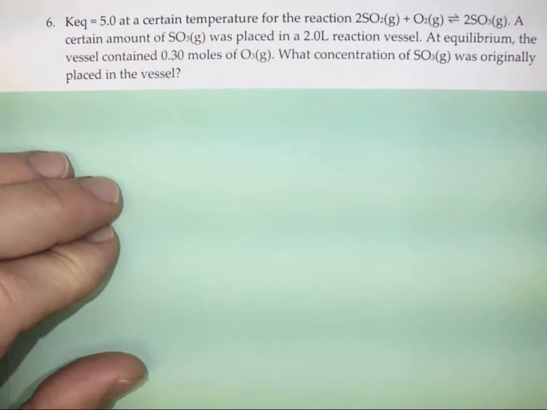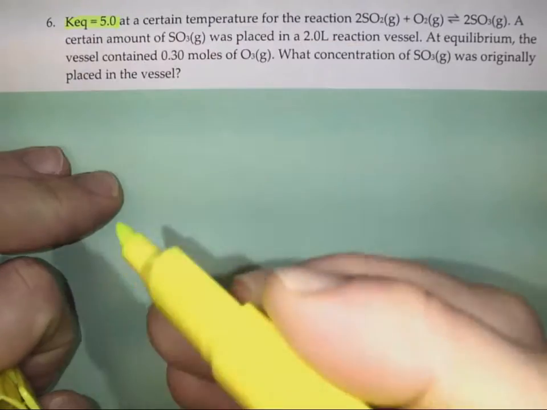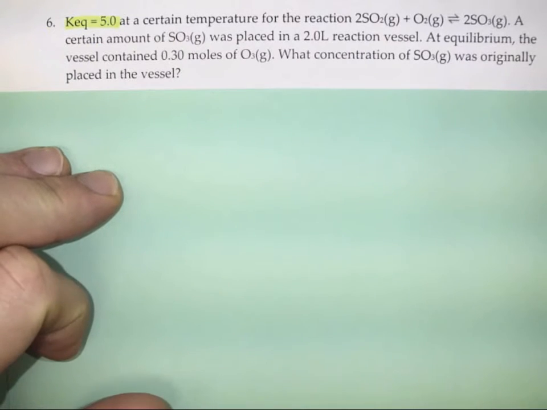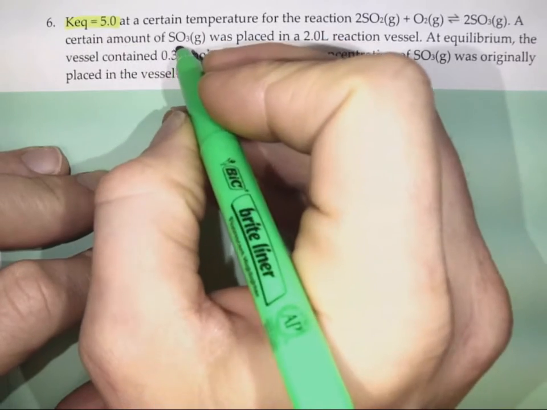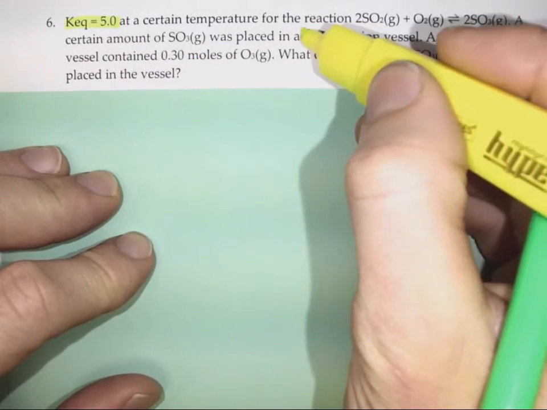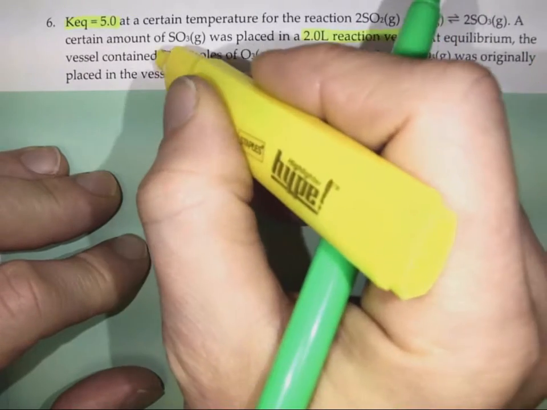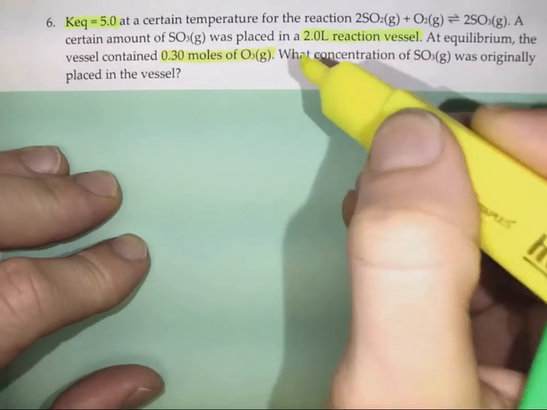So we've got an equilibrium constant of 5. That's at some temperature for this reaction. Okay, great. And so we have some amount of sulfur trioxide placed in a 2-liter reaction vessel. That's going to be important. And at equilibrium, the vessel contained 0.300 moles of oxygen.